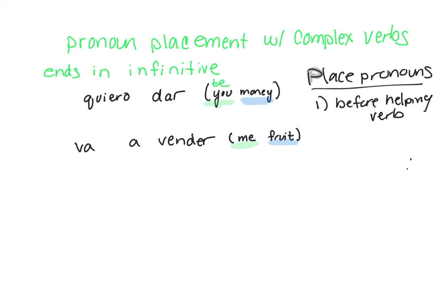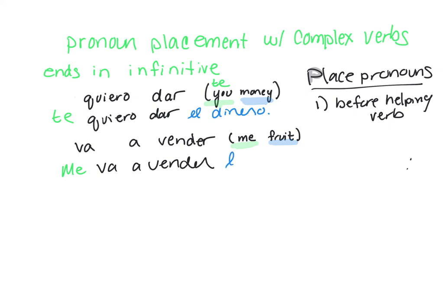Okay, so we could say te quiero dar el dinero. Okay, and then down here with she's going to sell me fruit, we have me va a vender la fruta.